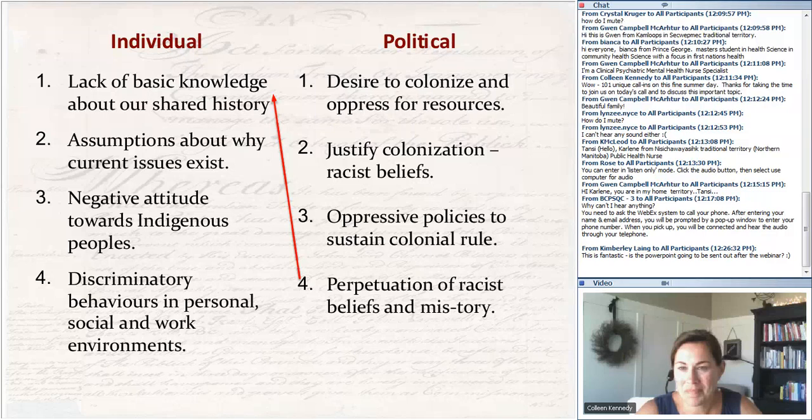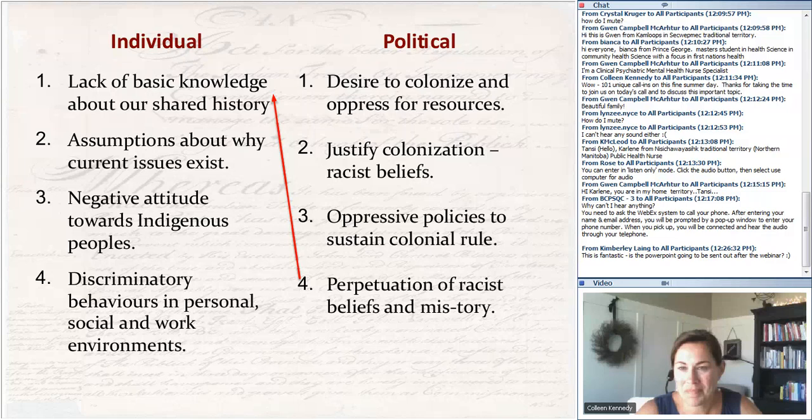So if we sit there for a minute and say, okay, now we have a society where racist beliefs prevail and there is a lack of understanding about the history of colonization here, that's influencing people's basic knowledge about our shared history. And this is just one potential line of trajectory, because there are lots of others.